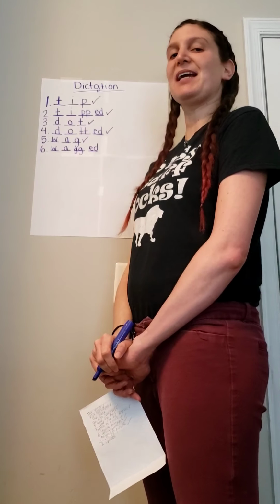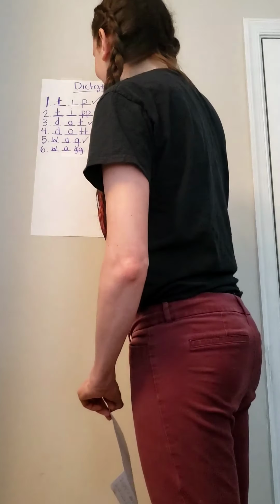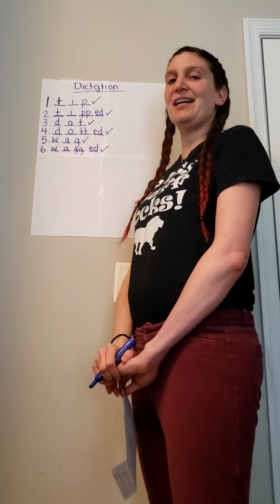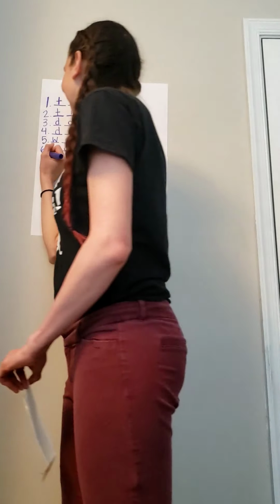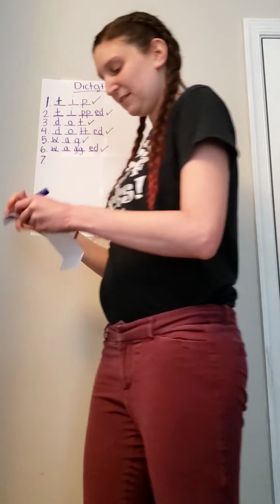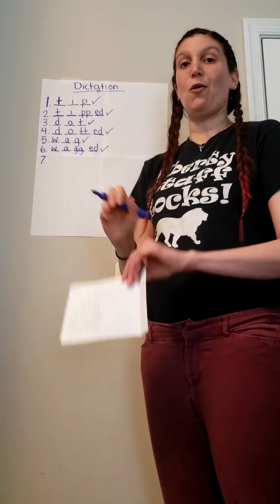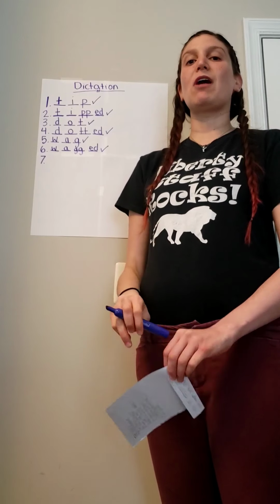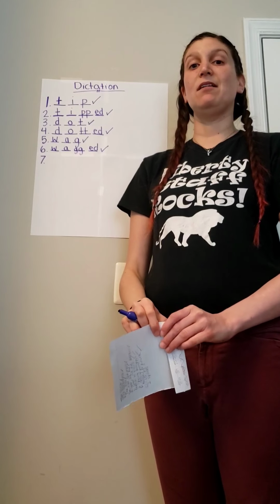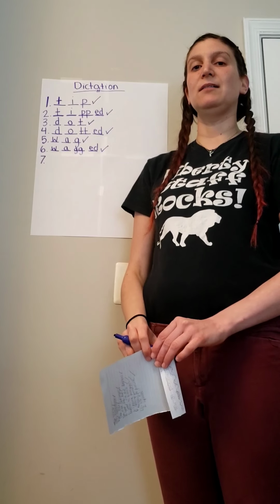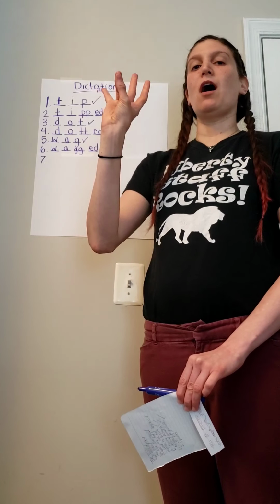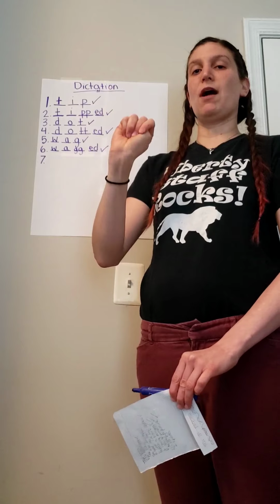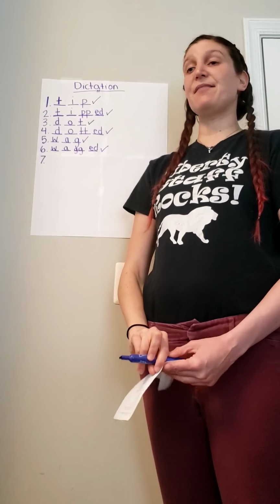If you have the same thing as me, give yourself a check. If not, change it. Number 7. Your word is a challenge. Shrug. Say it. Shrug. Tap it. Shrug. Let's map it.